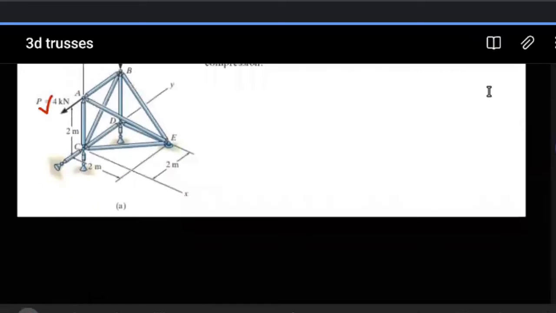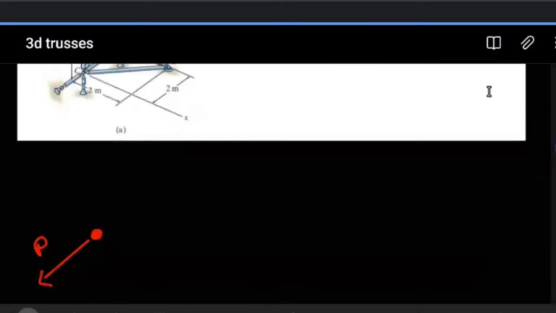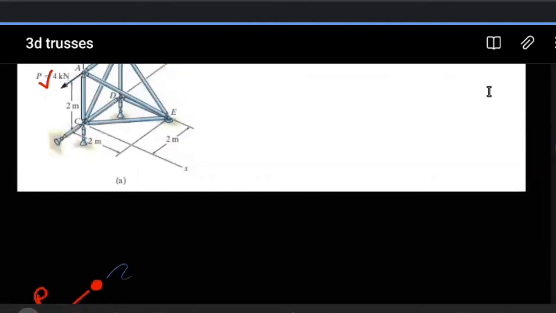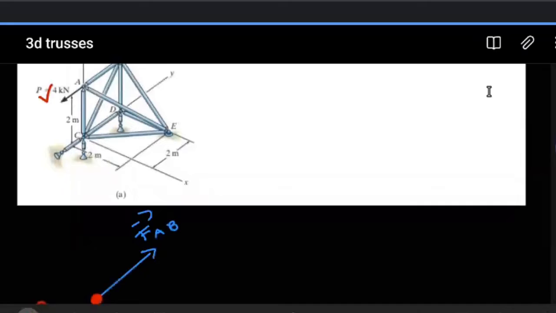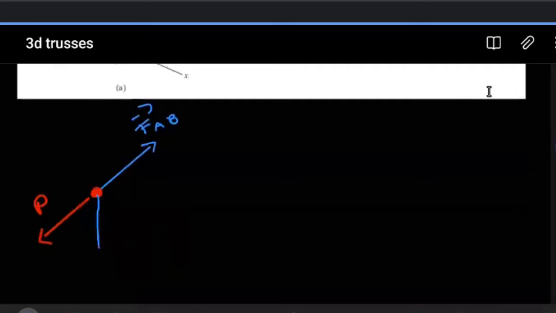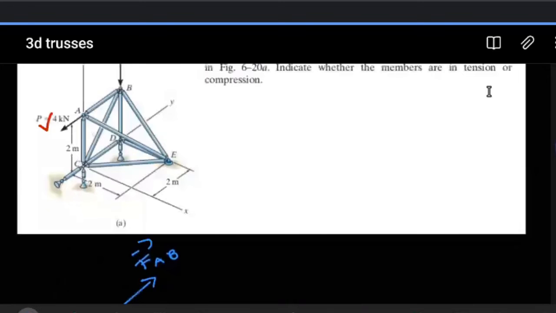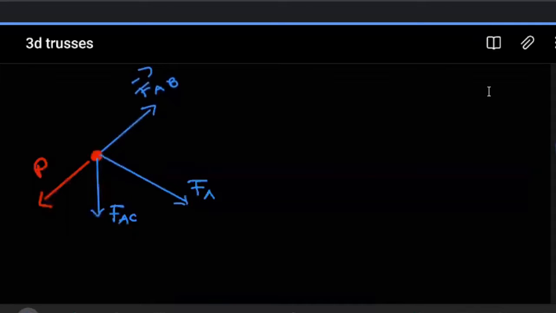So I'm going to assume the one along the member AB is running from A to B. I'll say this is F_AB. Next, I have one going vertically downwards from A to C. I'll say that is F_AC. And lastly, the third one from A to E. I'll show this one like this, and this will be F_AE.